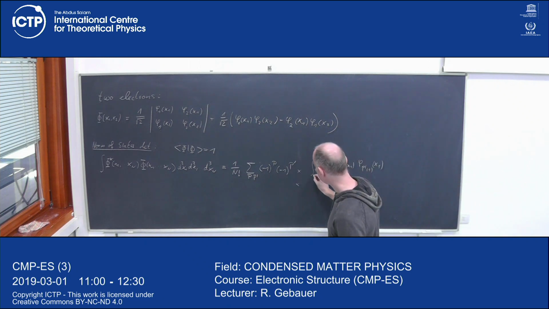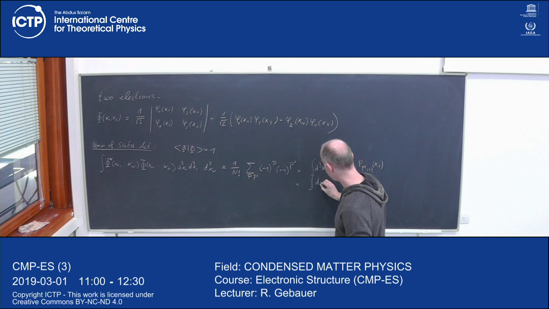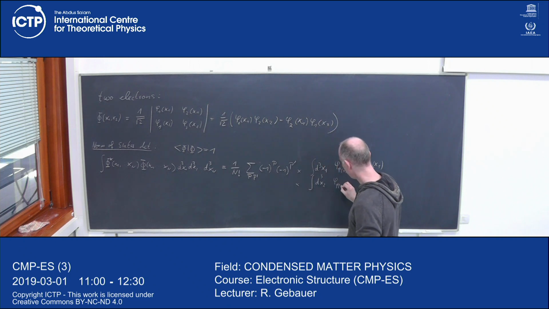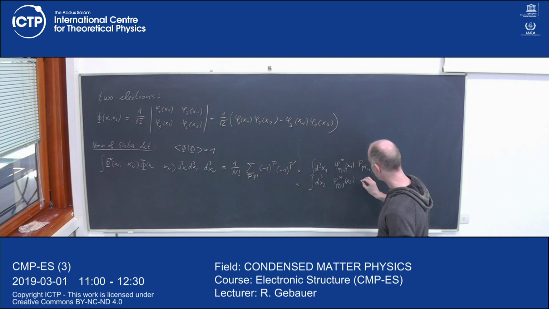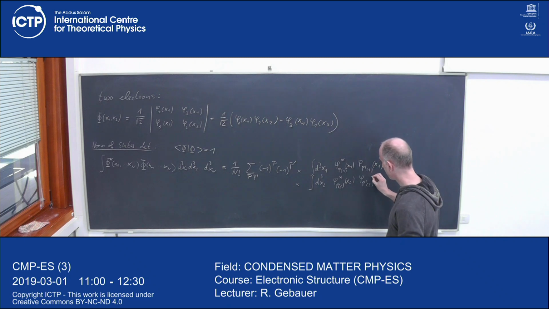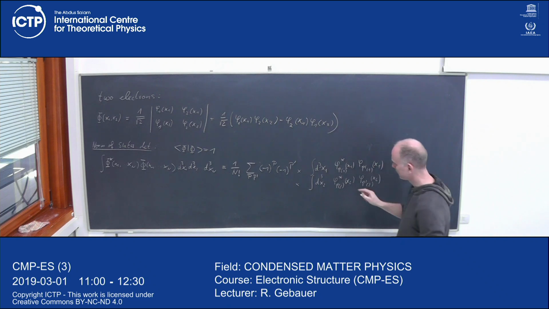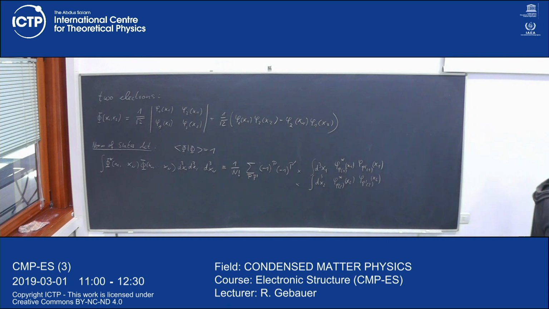Then you have this times the integral dx2 of phi p of 2 of x2 complex conjugate phi p prime of 2 of x2. Again, you have this integral.